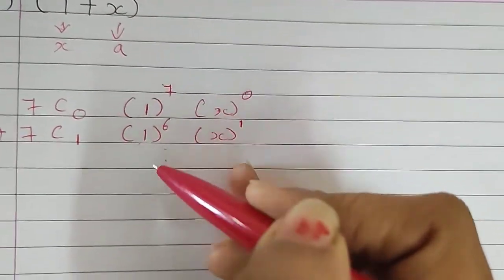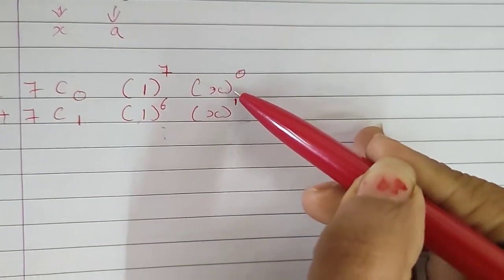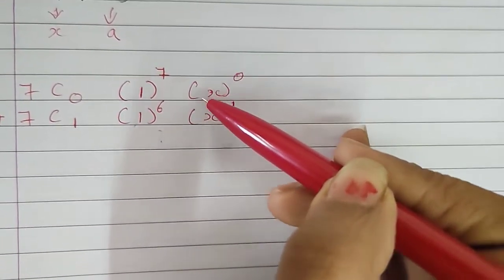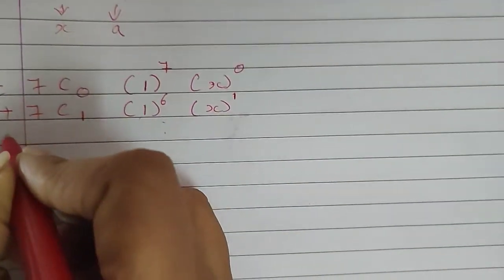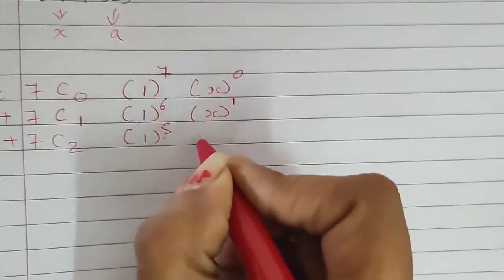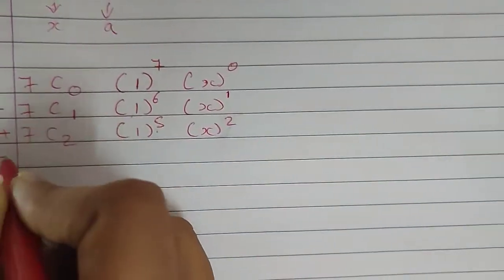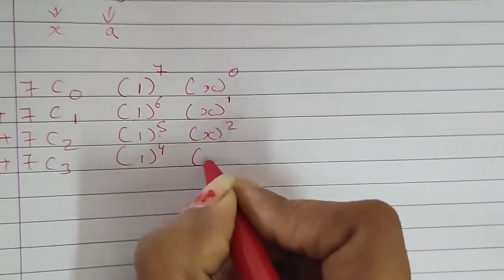Here the power of the first term will decrease by 1 in each step and the power of x, that is the second term, will increase by 1 in each step. So 7c1, then 7c2, 1 raised to 5, x raised to 2, plus 7c3, 1 raised to 4, x raised to 3.